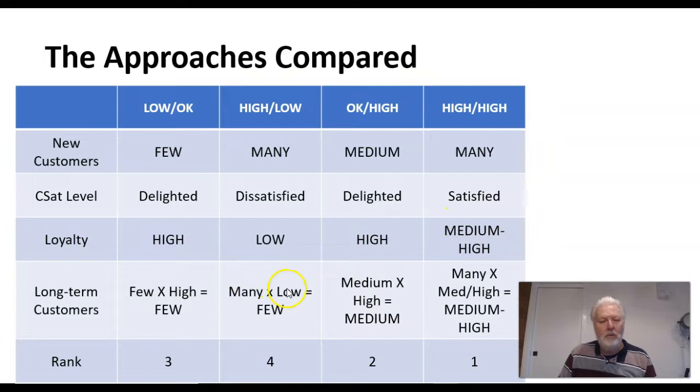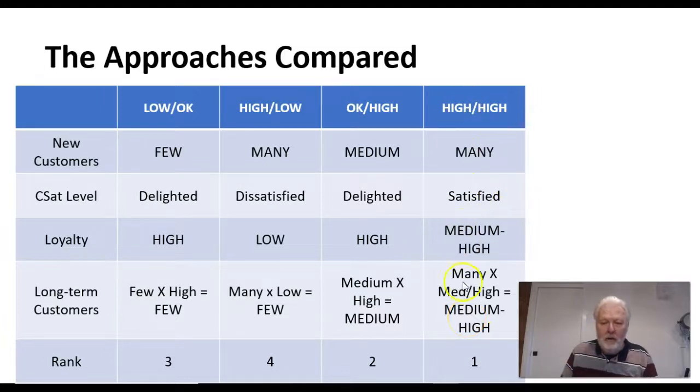And if we work through the mechanics of it, in terms of long-term customers, which is the ultimate goal of most businesses, except for those tourist and one-off transaction businesses, here we'll end up with a few customers, a medium level of customers, and a medium to high level of customers.